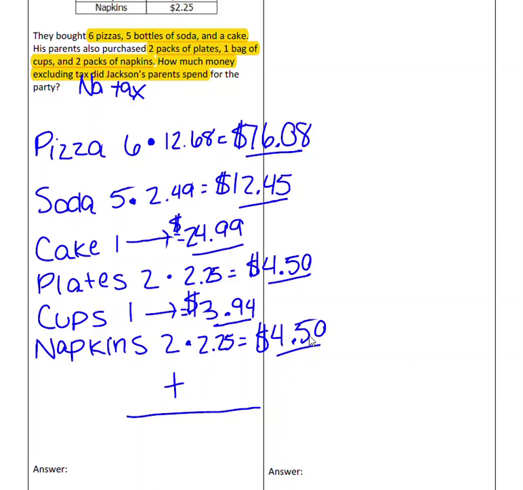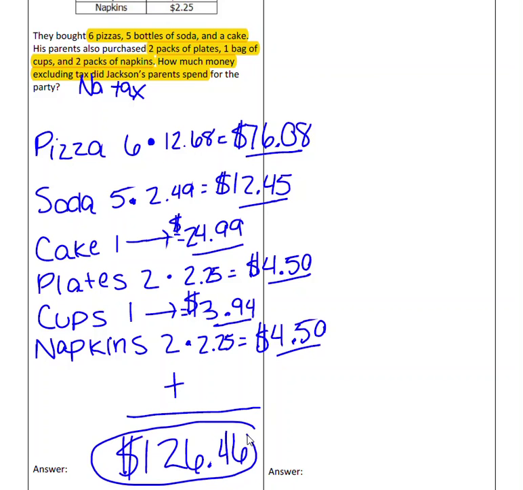So we have to take $76.08, plus $12.45, plus $24.99, plus $4.50, plus $3.94, plus $4.50, giving me a grand total of $126.46 is what his parents spent on his birthday party.